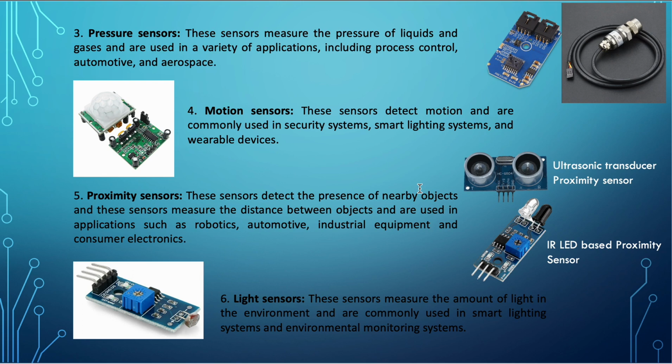Then we talked about, again I will take the example from proximity sensors. For proximity sensors, there are two categories: ultrasonic and IR. The method of these two sensors measuring the distance between them and another object is different.